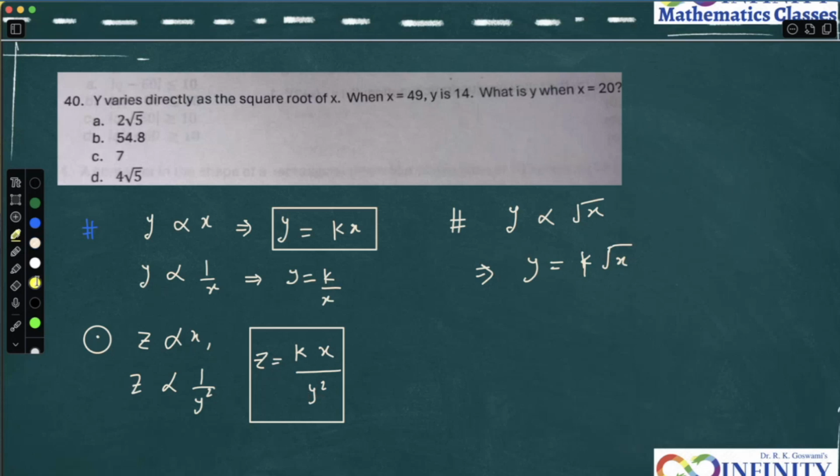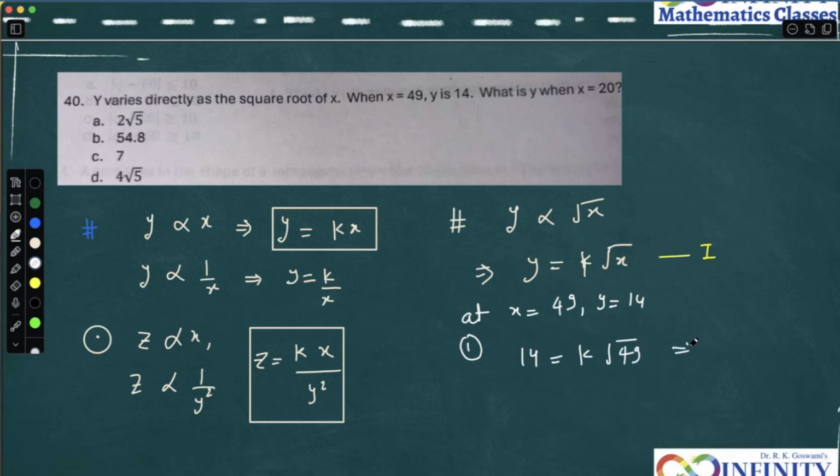Now, the first objective after this formalization is to get the value of k. It is given that at x equals 49, the value of y is 14. So 14 is equal to k times square root of 49.